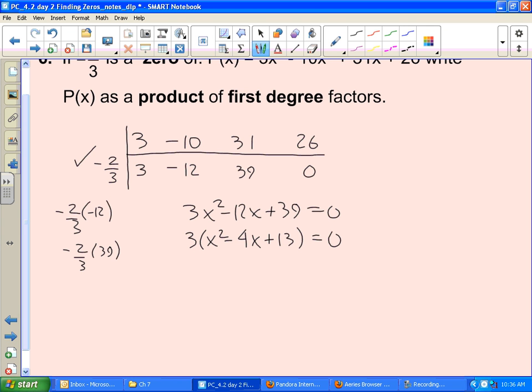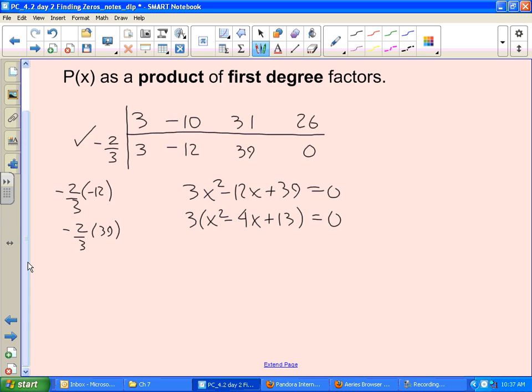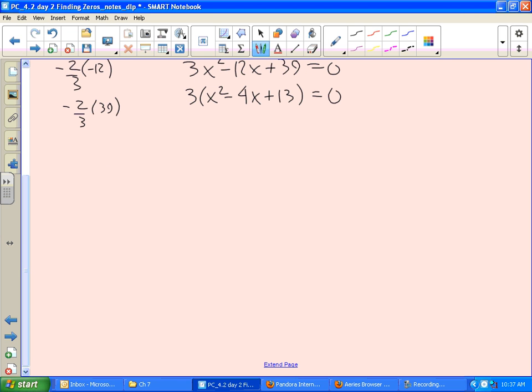Factors of 13 doesn't give me a 4. So I have to do the quadratic formula on this one once again. Let's see if we're going to get some imaginaries. Remember the quick way to determine whether or not you're going to have imaginaries? Discriminant. Very good. So remember that this is a very quick way of determining if I get real roots or not.